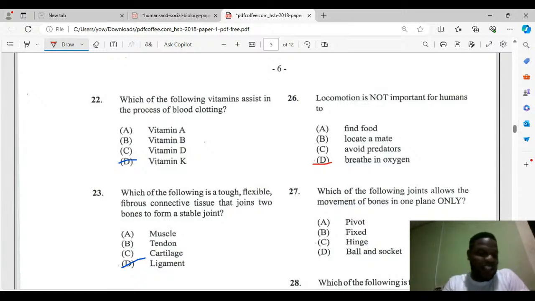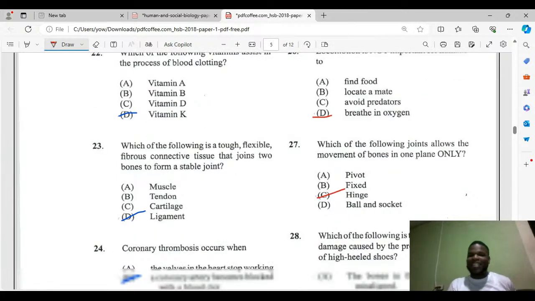So we're saying hinge. Hinge, because your hinge joints are at the elbow and your knee. So it's one plane only. So C, hinge joint, is correct. Moving on. Nearly reached half of the paper. Let's move, guys. Let's push.